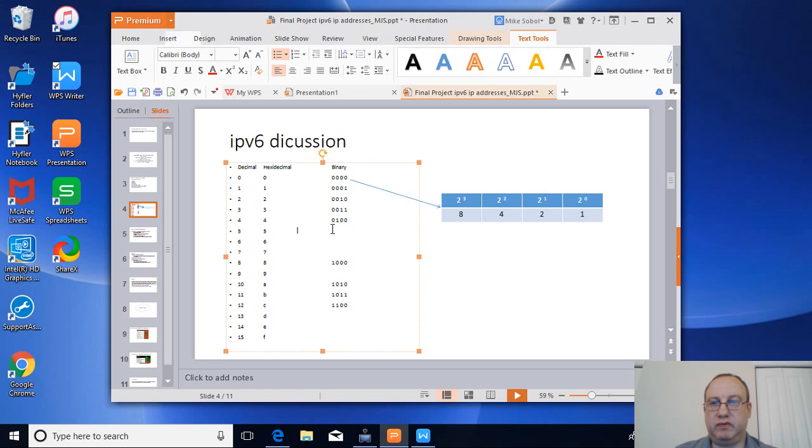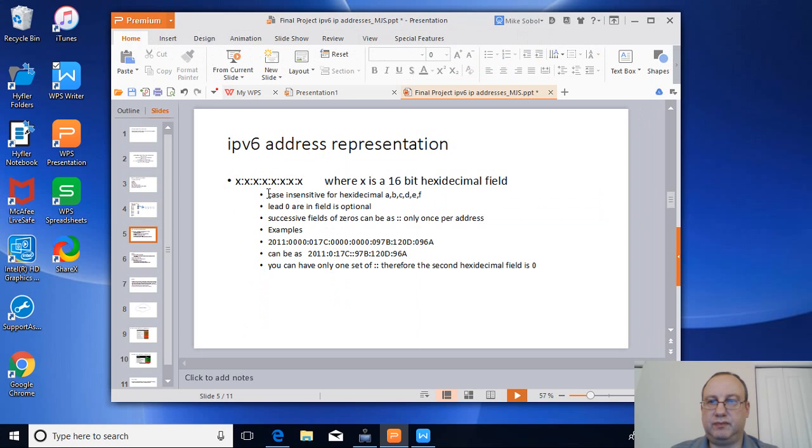Here's an example: I'll add one, so 0, that's 4, if you look off to the right a little bit, and then 0 and 1 will equal 5. That's basically how the binary would be written for the different characters or numbers that IPv6 has available.